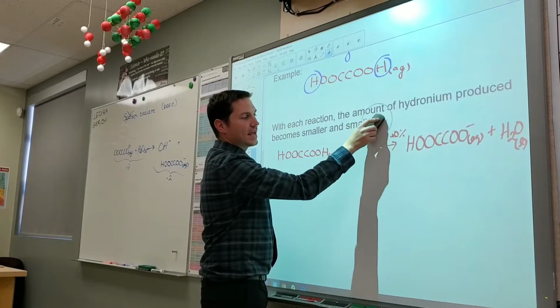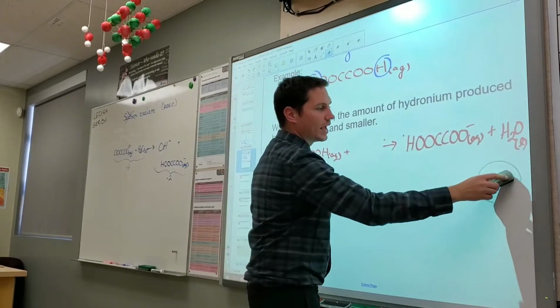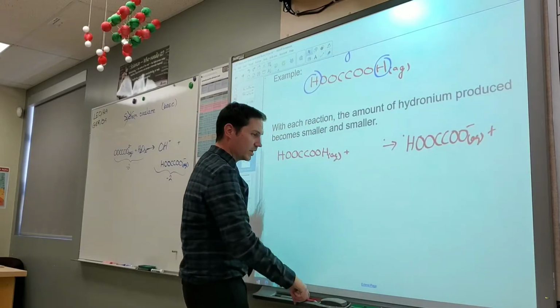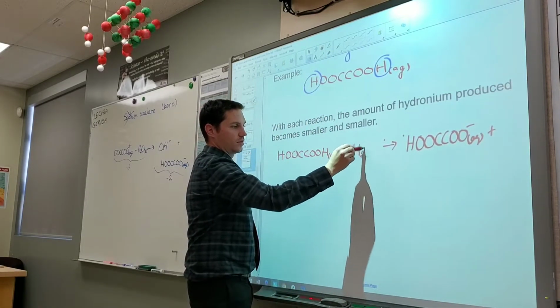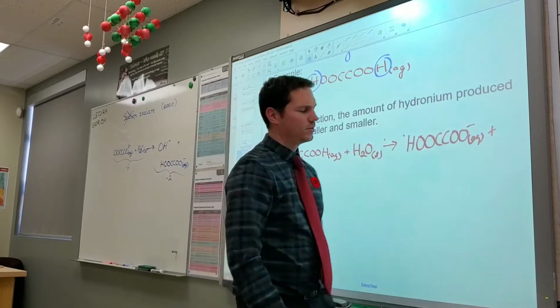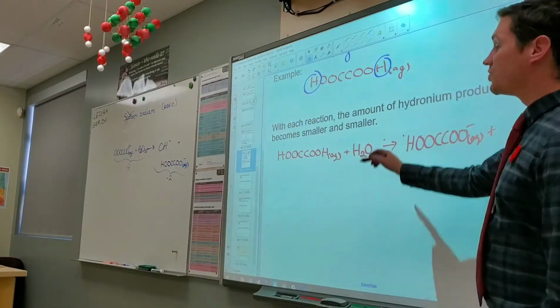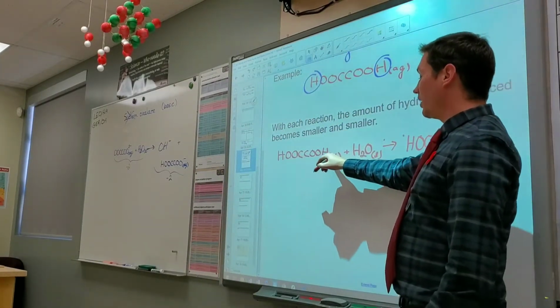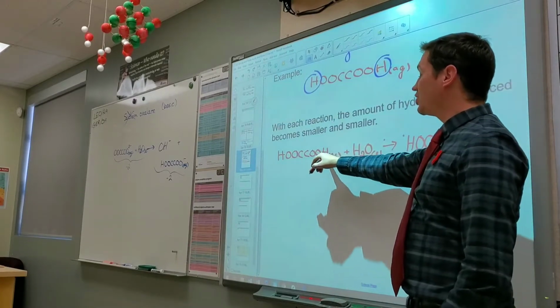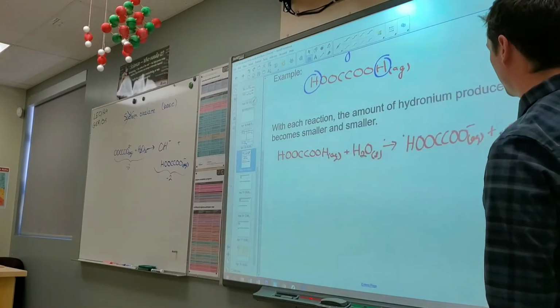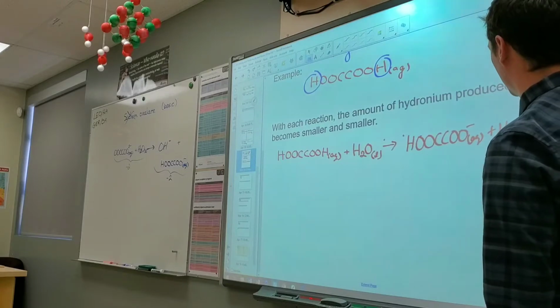I think the intention was for me to react this with water to begin with. So when we react with water, the H is transferred to the water, and we're left with H3O.